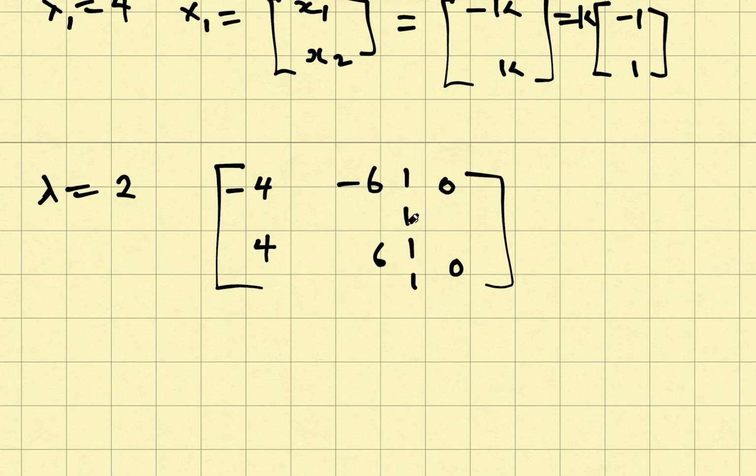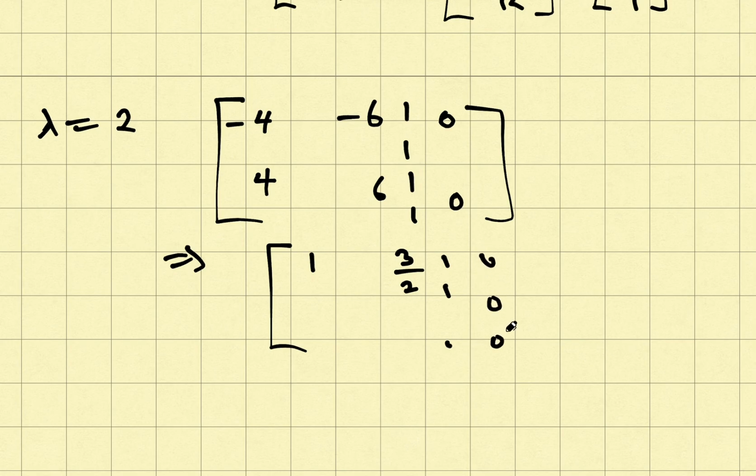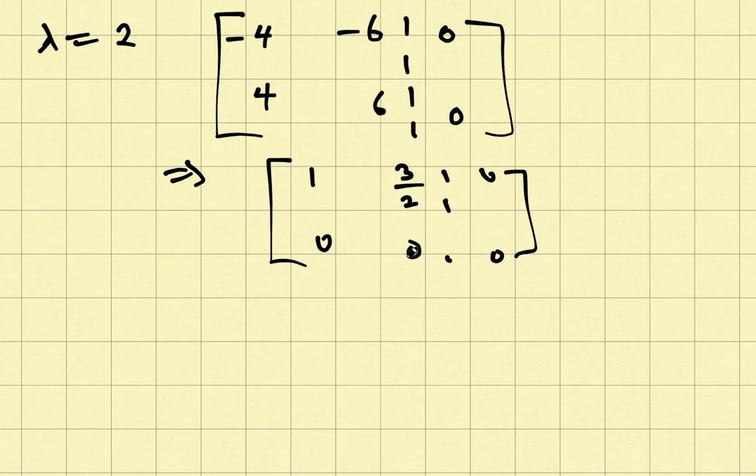So this then implies that we have 1 and 3 over 2 augmented with 0 right here. This is going to be 0 as well. We only have 2 zeros. Now we have this augmented matrix.